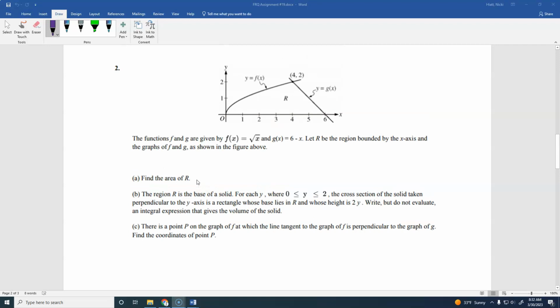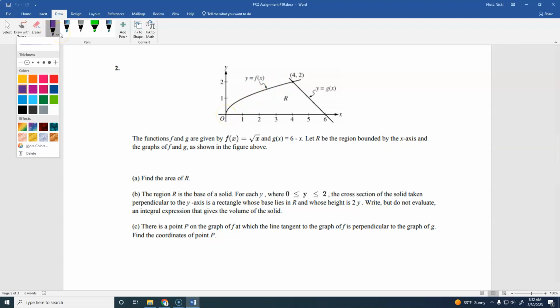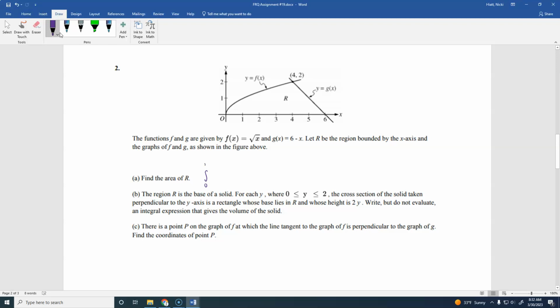One thing you can do, if you're just looking for the region R and you want to leave everything in terms of x, is the integral from 0 to 4 of the square root of x dx plus the integral from 4 to 6 of 6 minus x dx.